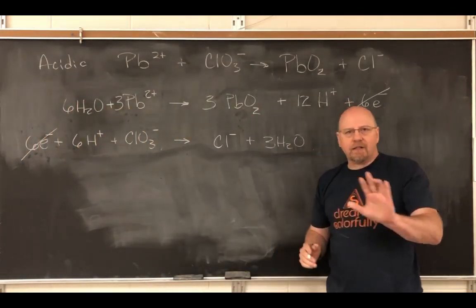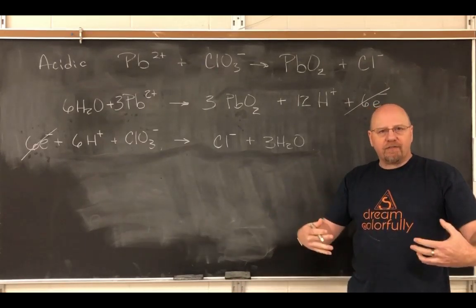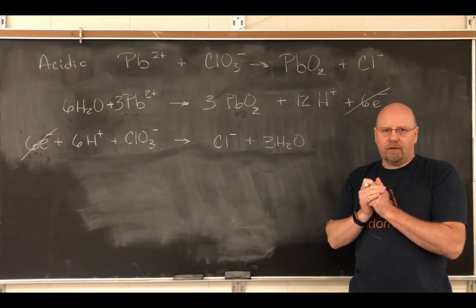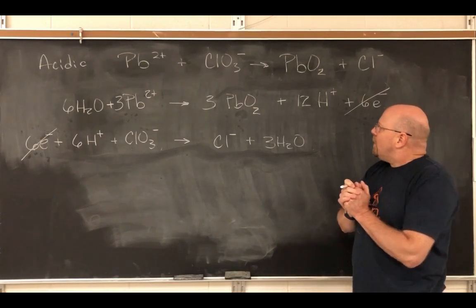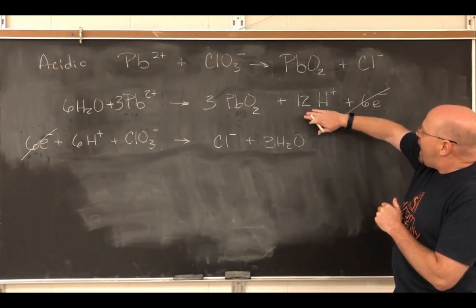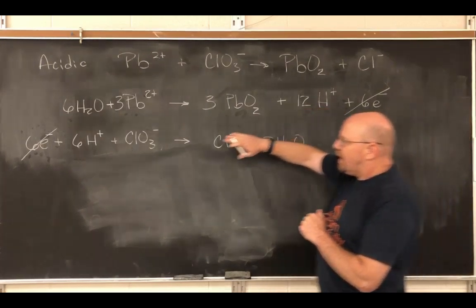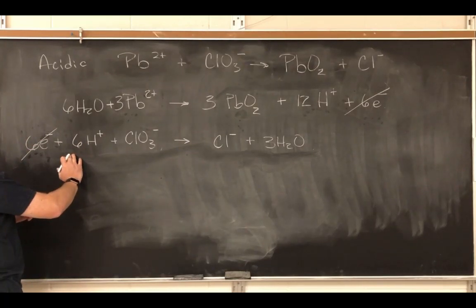We never want electrons shown in an overall balanced redox reaction. We can have them in half reactions, but not the overall balanced redox reaction. We see that we have 12 hydrogens on the product side of this, and we have 6 hydrogens on the reactant side of this.